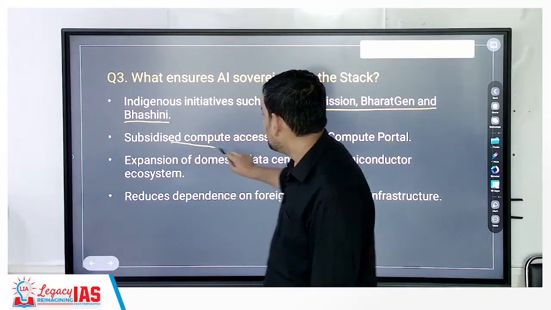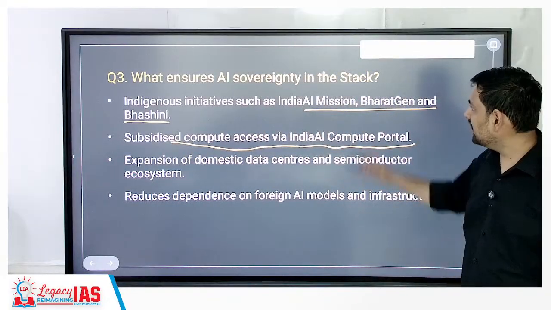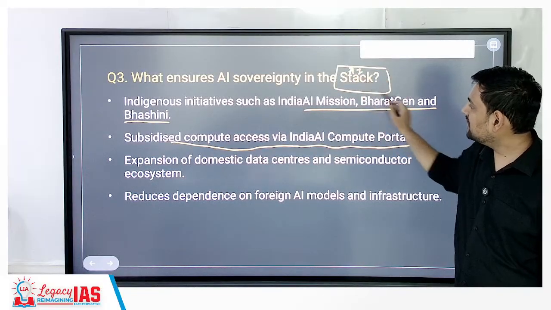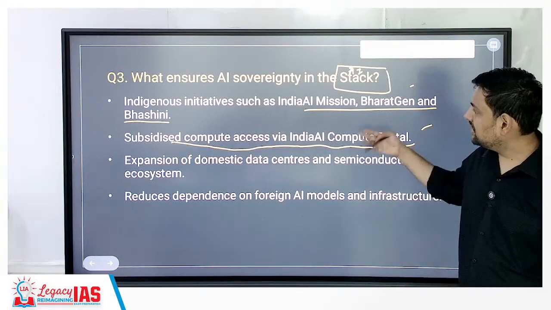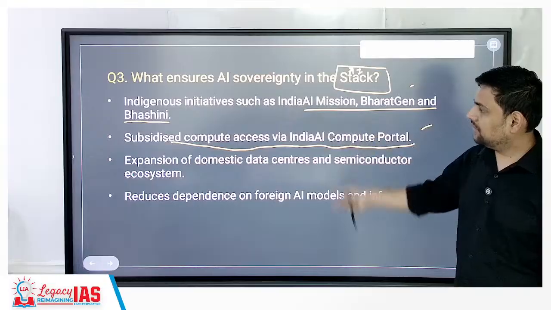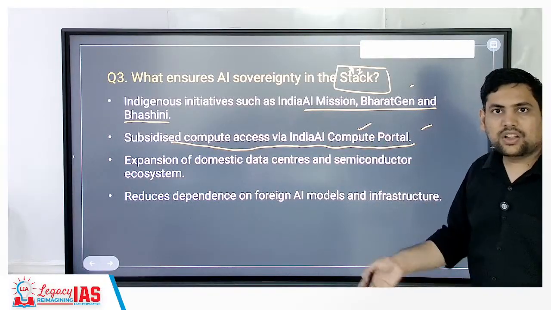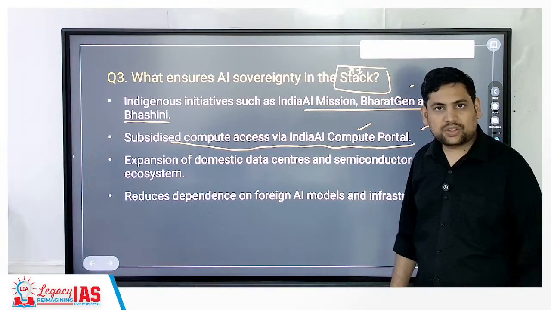Next is subsidized compute via the India AI compute portal. So basically, to give effect to this AI stack, we have taken certain initiatives, and these initiatives are being listed here. First is the AI mission, Bharat Gen, Bhashini. Then we have the India AI compute portal for the layer below the application layer.